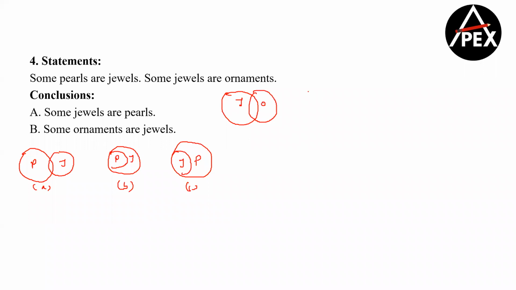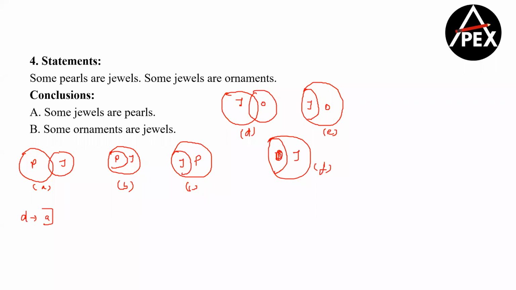Jewels, ornaments; jewels, ornaments; jewels, ornaments. Okay, this is going to be D, E, F. All right, now we have to start combining D through A.